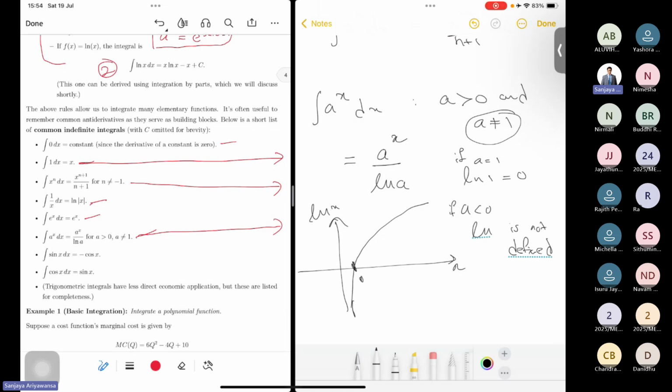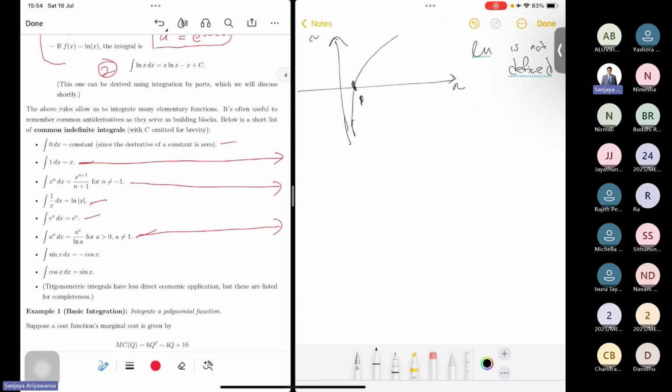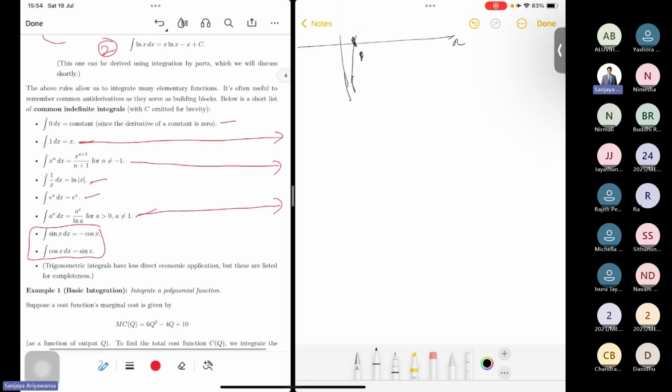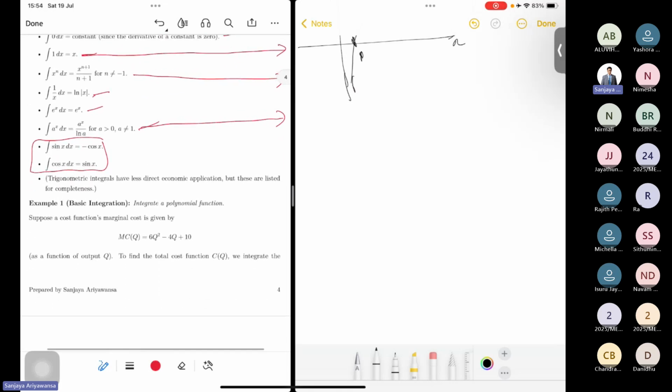And it cuts the axis at x equals 1, where log 1 is 0. So that's why those two conditions are important. And these two, like I said, trigonometry, you don't need to worry. Right. Let's have a look at a few basic examples now.